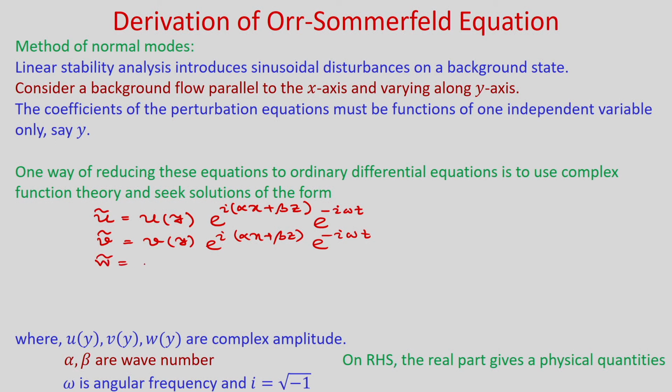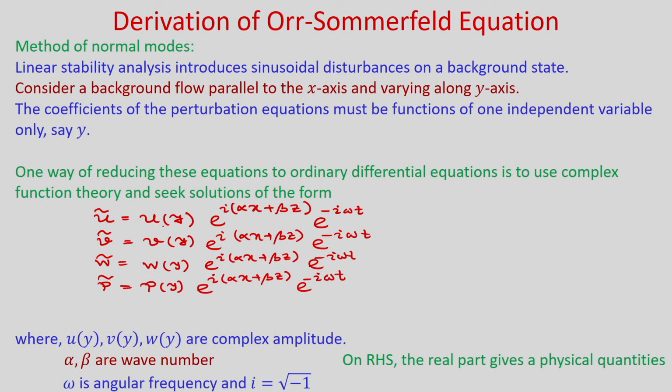w tilde is equal to w(y) e to the power i(alpha x plus beta z) e to the power minus i omega t, and p tilde is equal to p(y) e to the power i(alpha x plus beta z) e to the power minus i omega t.